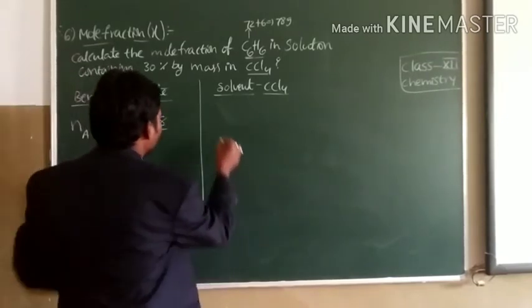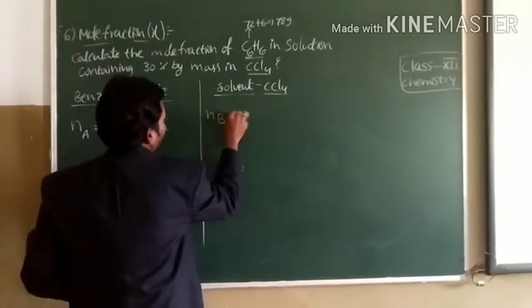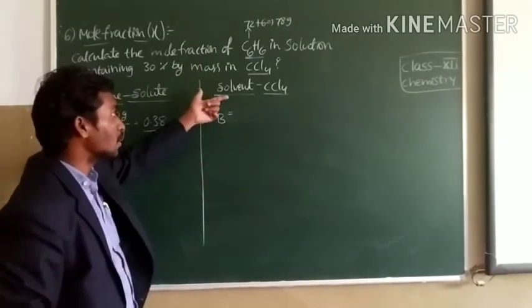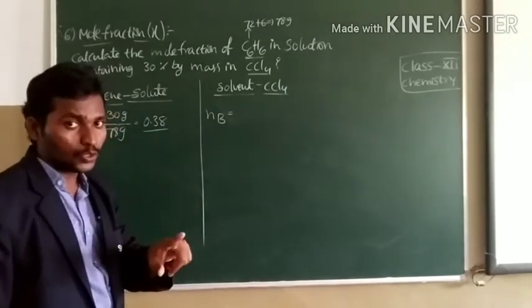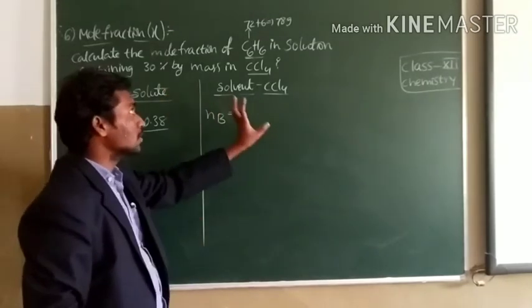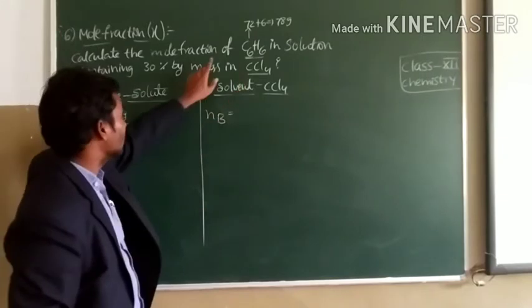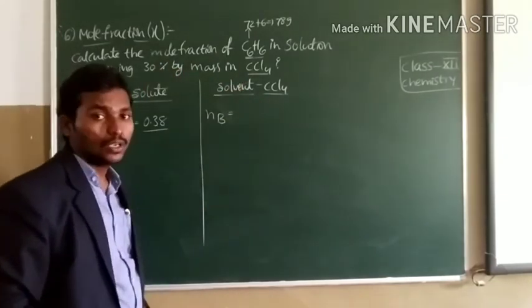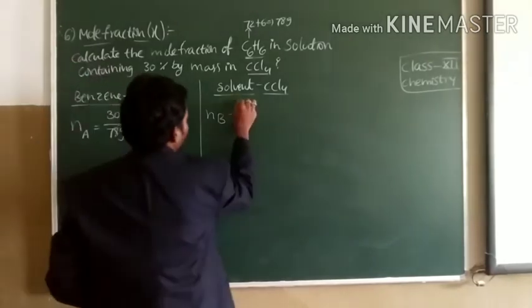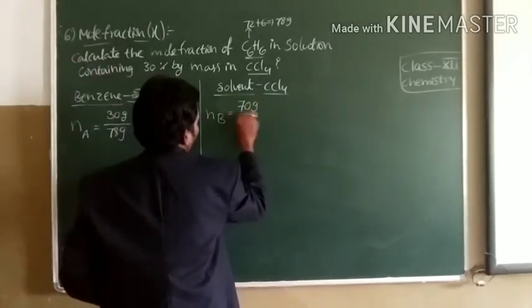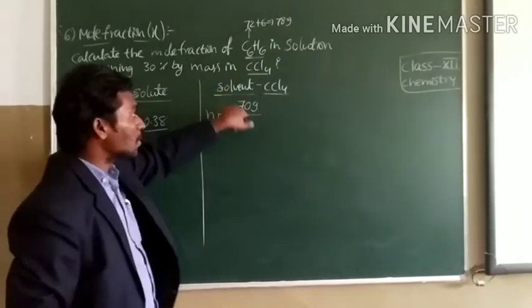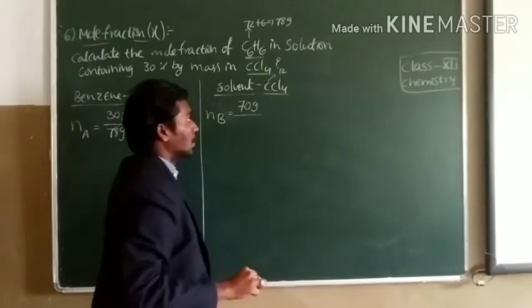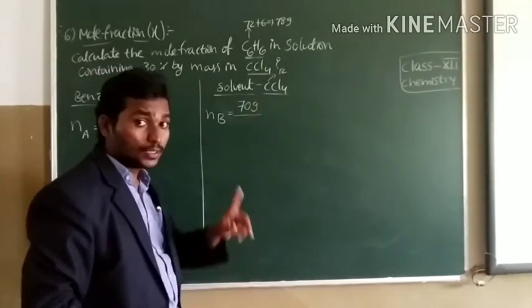Next, let's see the number of moles of solvent, Nb. That is mass of solvent by molar mass of solvent. Remember, in a solution, mass of solute plus mass of solvent is equal to 100 grams. Here benzene mass is 30 grams and the remaining mass is carbon tetrachloride, that is 70 grams. And the molar mass of carbon tetrachloride we have to calculate, children. Carbon atomic mass is 12 and chlorine atomic mass is 35.5.